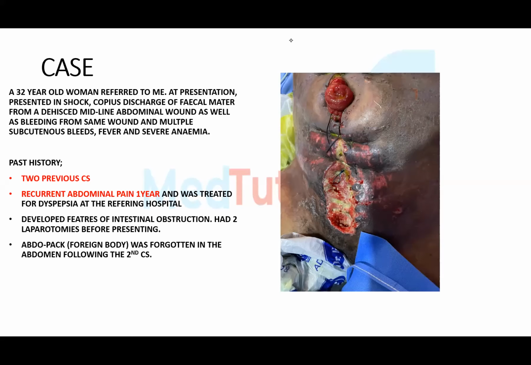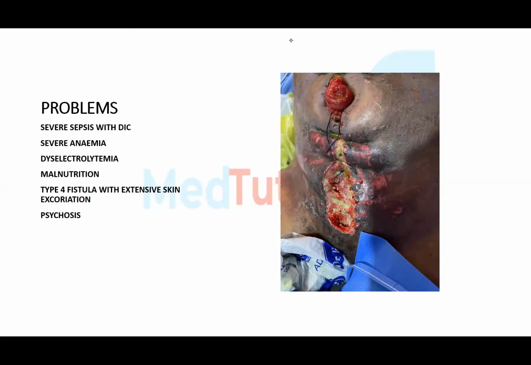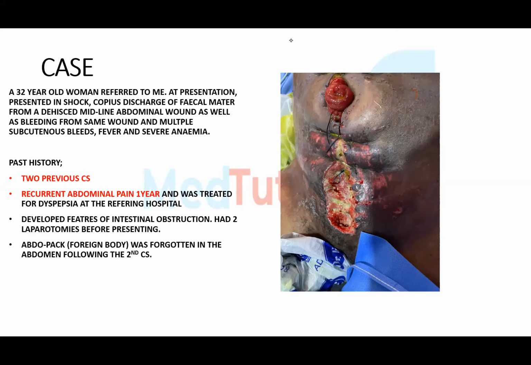And of course, the surgeon went and did a laparotomy. When he saw what he saw, he kept on resecting and anastomosing, and his wound broke down again. He took her back for another anastomosis. It broke down again.